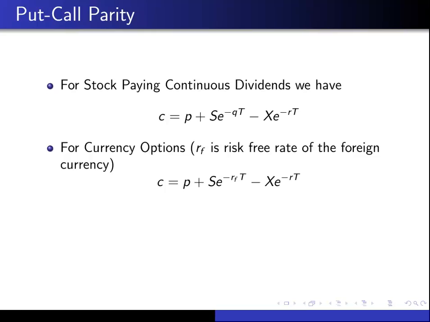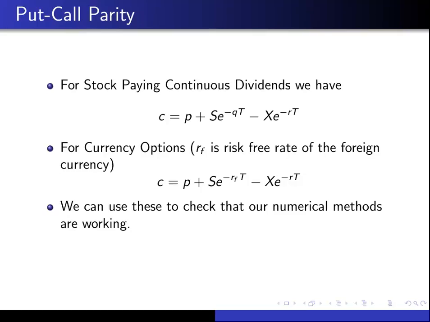Likewise, for currency options, where R_F is the risk-free rate of the foreign currency, then C is equal to P plus S times e to the minus R_F times T minus X e to the minus RT. So again, we have a similar expression.